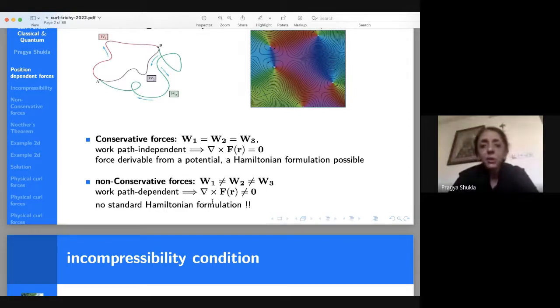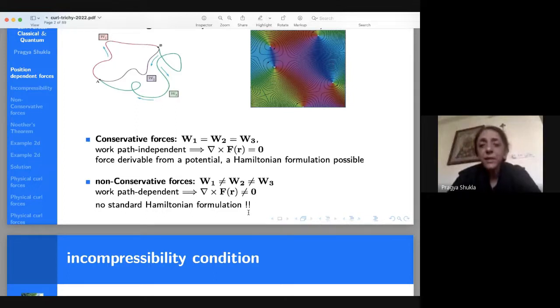In that case, if you remember your basics of graduate level, then you know that work can be written as F dot dl, and by using the integral theorem you can write F dot dl as del cross F ds. Then del cross F is not equal to 0 if work is not preserved along a closed circle.